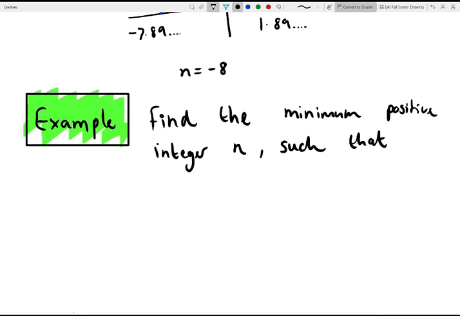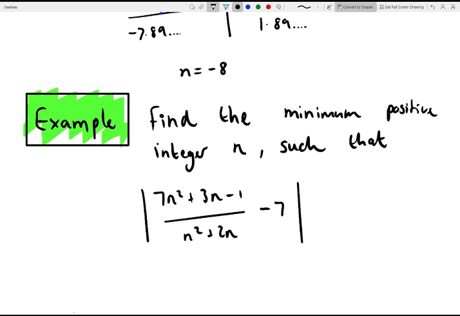the following is true: the modulus of 7n squared plus 3n minus 1 divided by n squared plus 2n, and that's all minus 7, is less than 1.